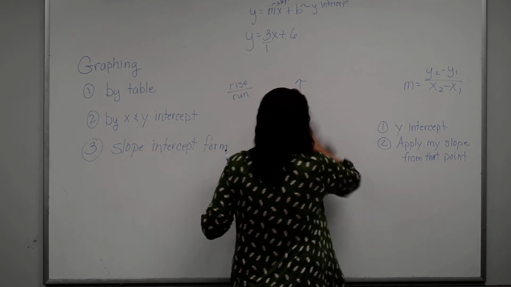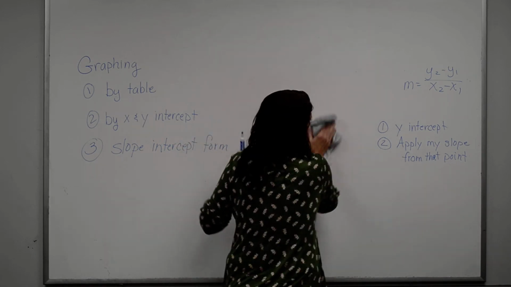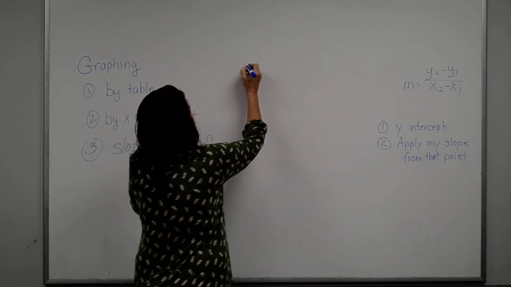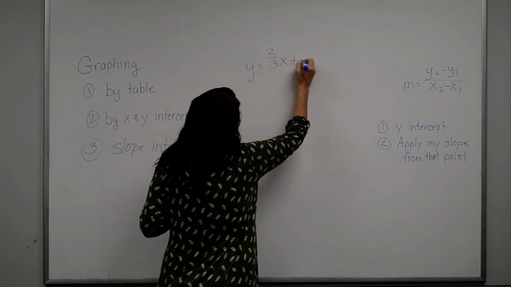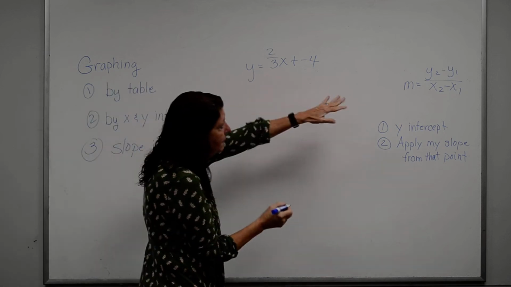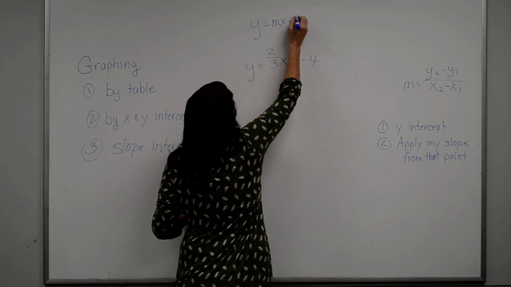Let's do another one. All right, let's say I have y is equal to 2/3 x plus -4. Simply put, it's already in the right form. Remember the form is y equals mx plus b.